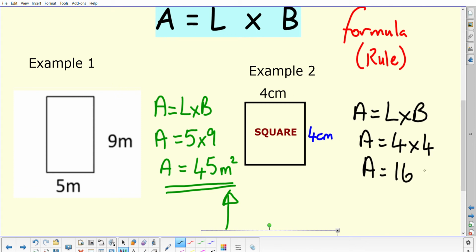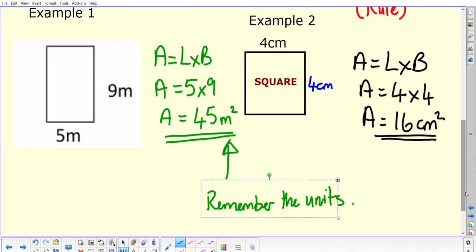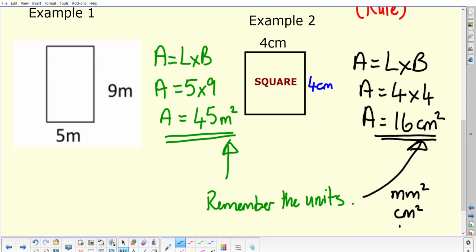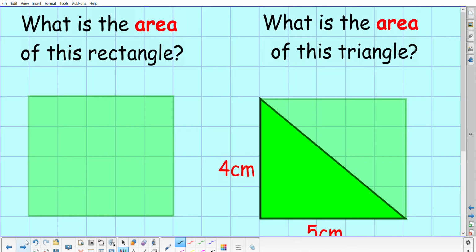Here my units are going to be square centimetres because my measurements were in centimetres. So it's quite important that you remember the units, things like square millimetres, square centimetres, square meters, and so on. So that's what you've met before in terms of rectangles.